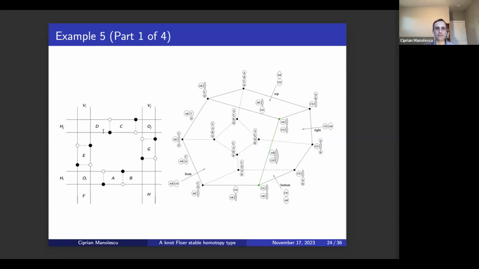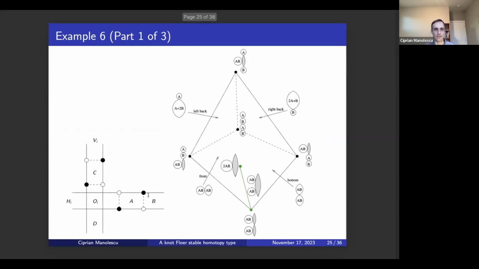Now this is for AB plus CD. This is for this row plus this row. I can replace the rows with columns, or I can have one row and one column. If I have one row and one column, then I get something more interesting. I get this pyramid, but this is a singular space. This is basically modeled on the Whitney umbrella.